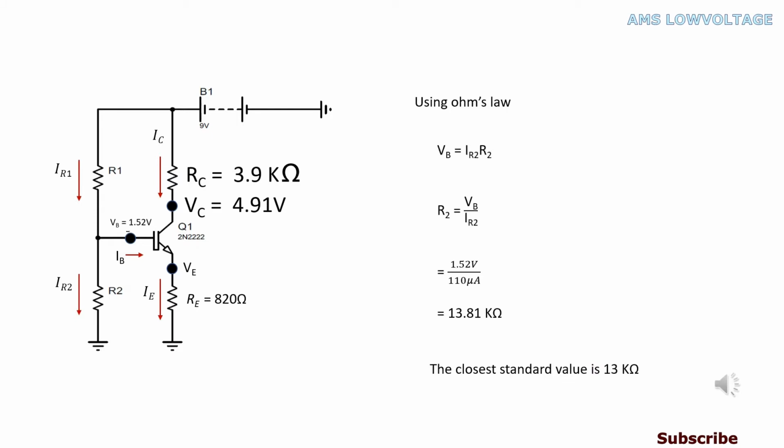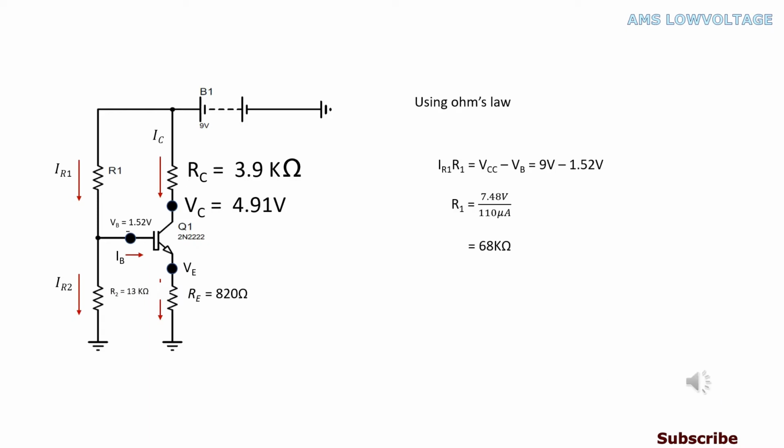Now, using Ohm's law, VB equals IR2 times R2. After rearranging and putting in the values, we've got R2 equals 13.81 kilo ohms. The closest standard value is 13 kilo ohms.